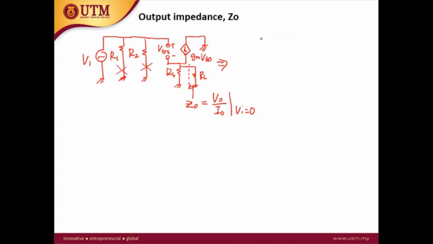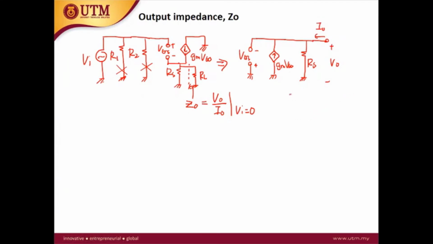So this is what is left in the circuit when you do the analysis for the output impedance, with the output here.